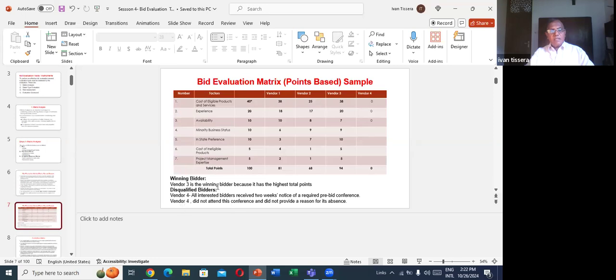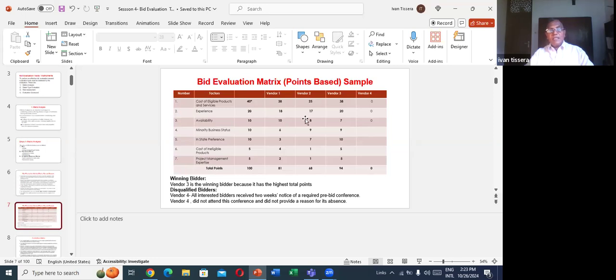The reason is given: all interested bidders receive 2 weeks notice of a request, which requires a pre-bid conference. Vendor 4 did not attend this conference and did not provide a reason for its absence. As a result, they have precluded or excluded that vendor from the evaluation by giving 0 marks. That is their mandatory thing according to American practice.